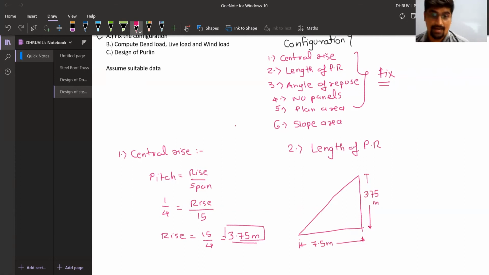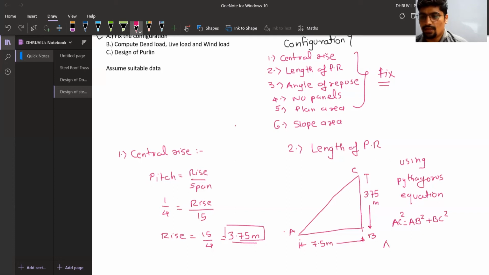So by using the Pythagoras equation, which was AC square is equal to AB square plus BC square. So let's mark this A, C, and B.